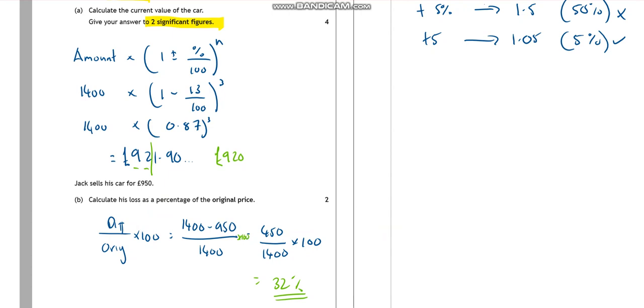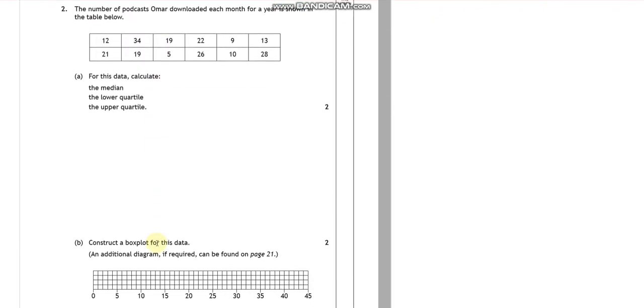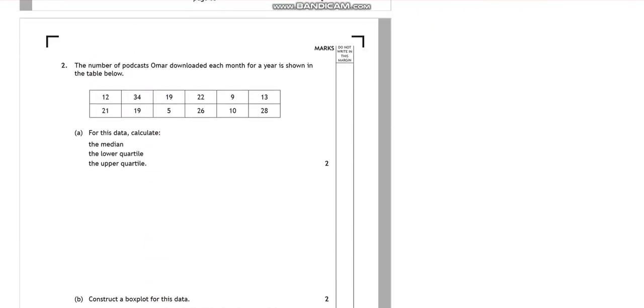If there's no time, that's usually where you talk about your amount being equal to 100% plus or minus the new percentage that you're given. That's your reverse the change question. So if there's no time, you're thinking it's this. Anything to do with profits, or just a change, that's difference over original. Have a little read of that.